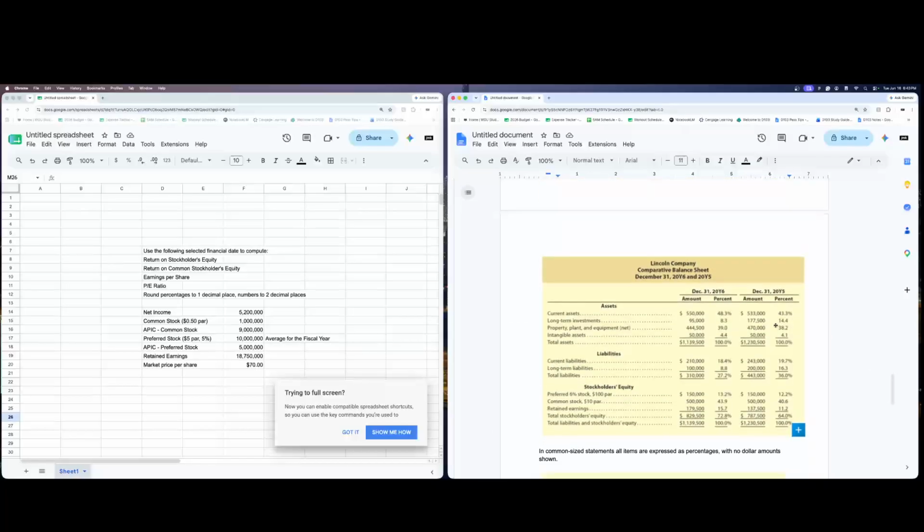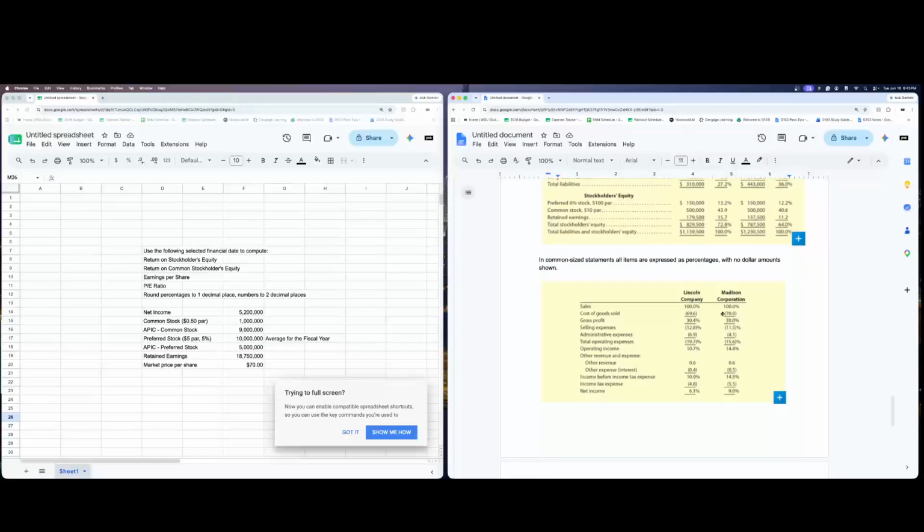So for vertical analysis, you have to convert that to percentages, in which that percentage can be analyzed. Okay.